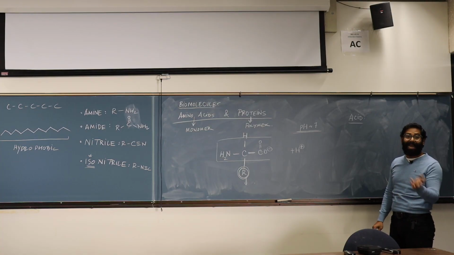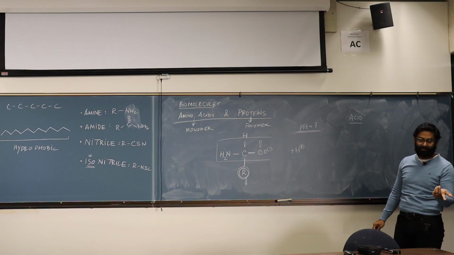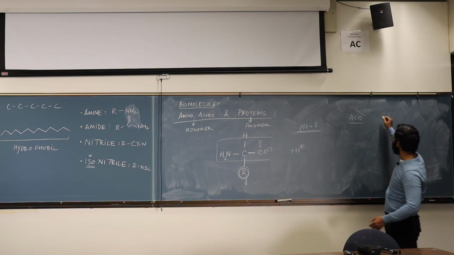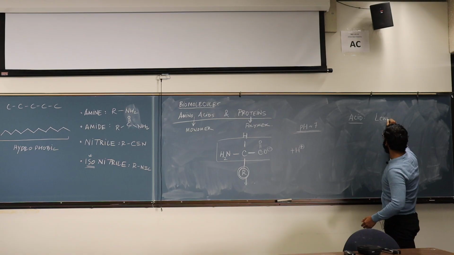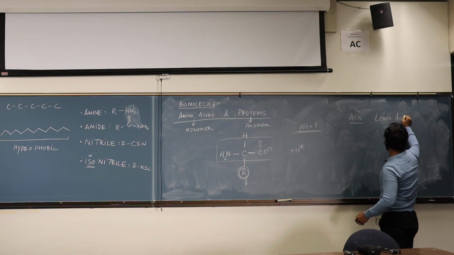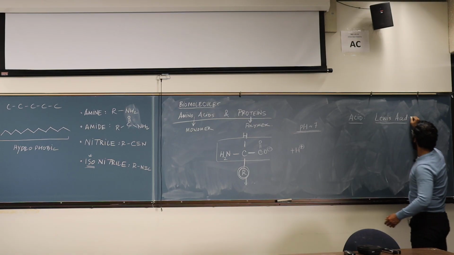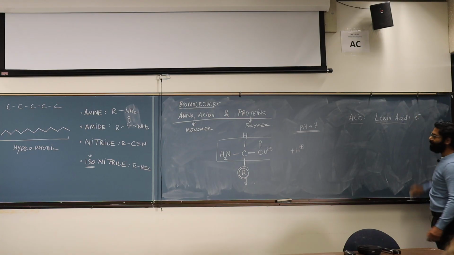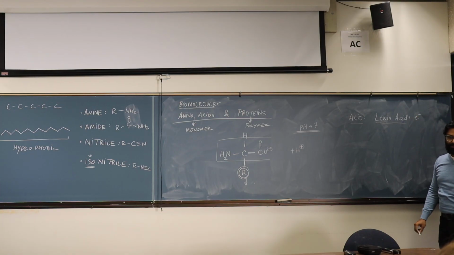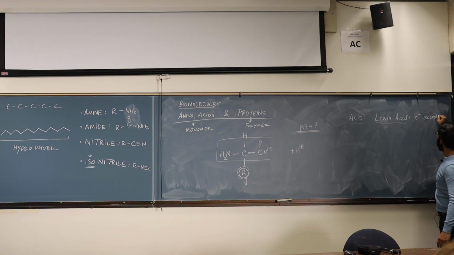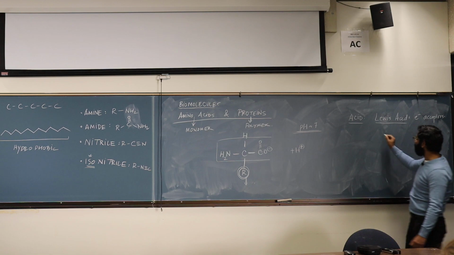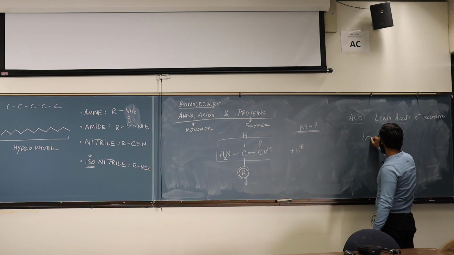Anything that reacts with an OH minus is also an acid. But you can also have Lewis acids. What's a Lewis acid? Electron acceptors are Lewis acids. So by that definition, what is a Lewis base?